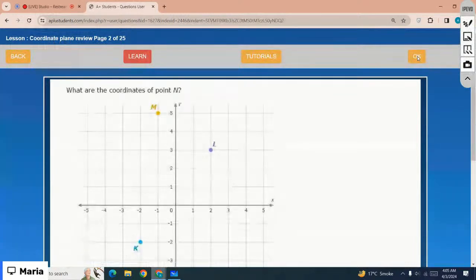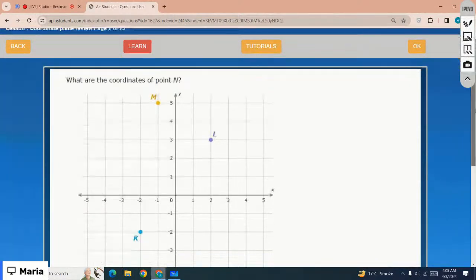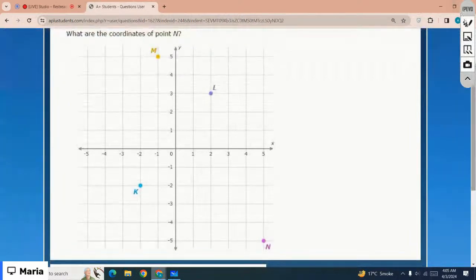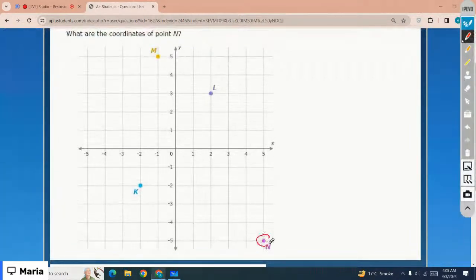Okay, the next one is what are the coordinates of N? Locate the point N on the coordinate plane and then write down the coordinates of N, right? So where is N? Here it is. You have to see the coordinates. Match this point to the x-axis to look for the x coordinate, that is 5.